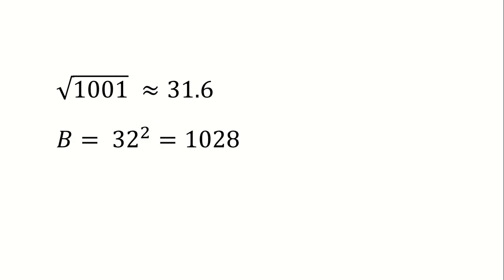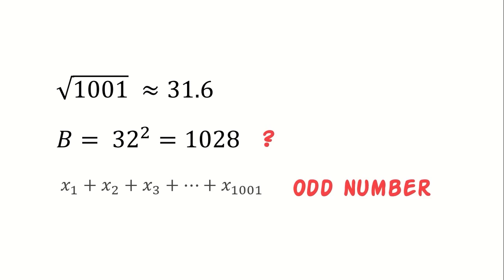That expression has 1001 terms added together, and each term is an odd number. So the result is an odd number, and b can't be 32 squared because 32 is an even number. So that obliges us to have an odd number as b. So b is going to be 33, and 33 to the power of 2 is equal to 1089.